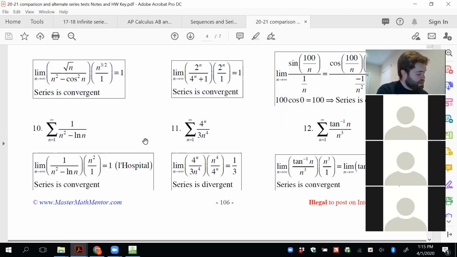Number 11. We have the sum from n equals 1 to infinity of 4 to the n over 3n to the fourth.